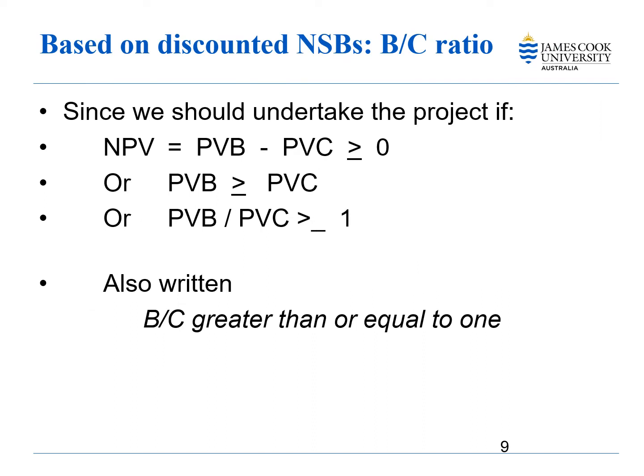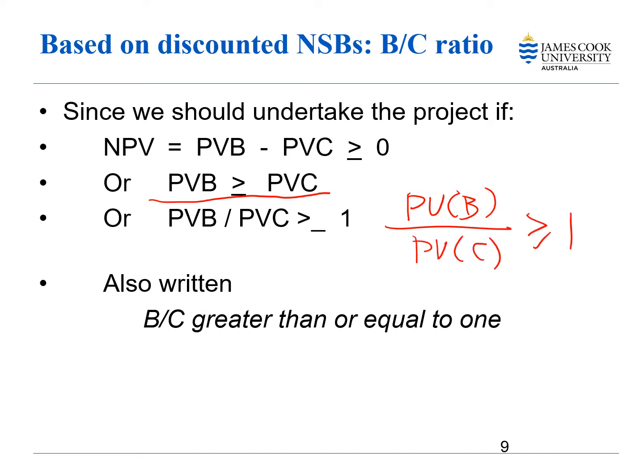So we are going to undertake this project if we get a positive NPV. That means the present value of benefit is bigger than the present value of cost. Dividing both sides by the present value of cost, we get the present value of benefit over the present value of cost is bigger than or equal to 1.